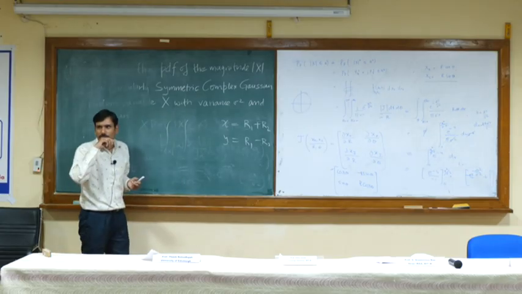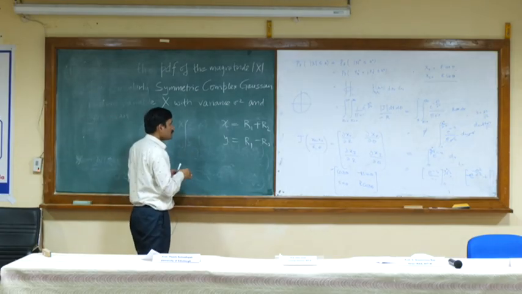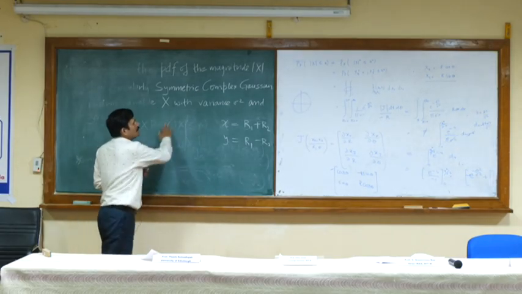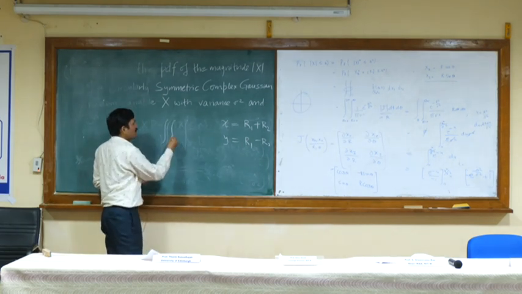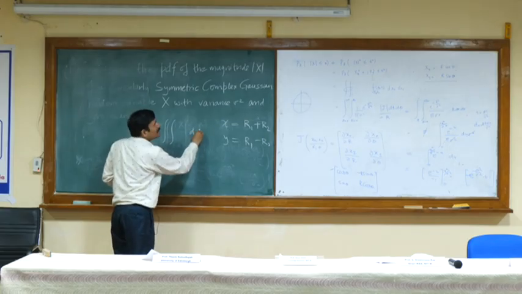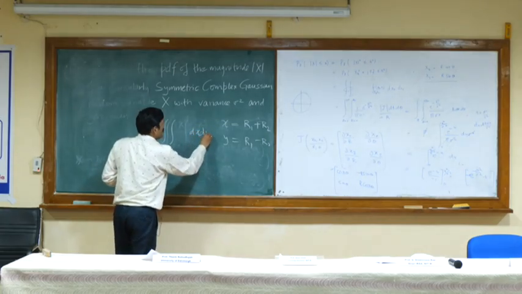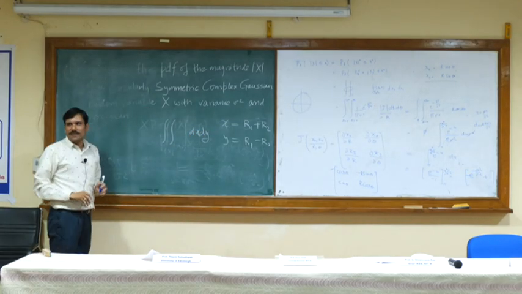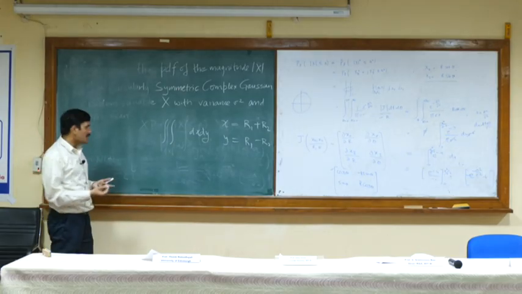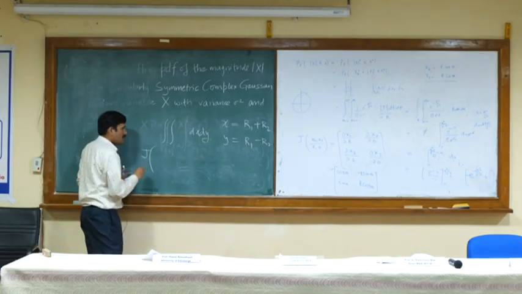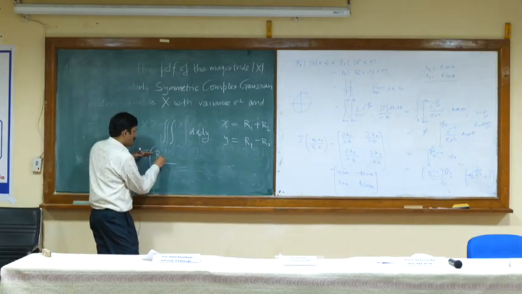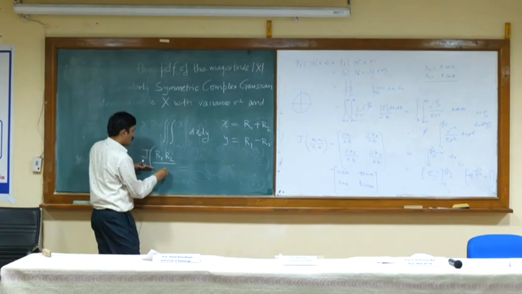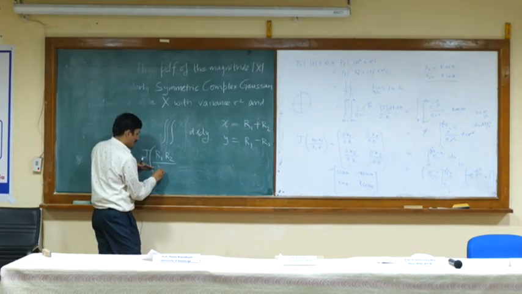Okay, so my integration is in dx and dy. I want to change in terms of r1 and r2. I need to calculate the Jacobian. So above we will have r1 and r2, and below we will have x and y.